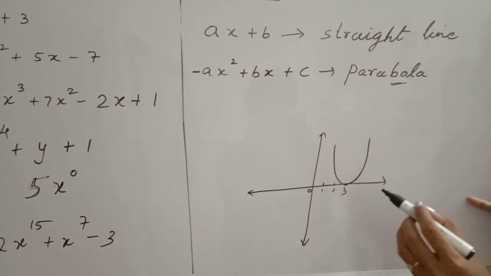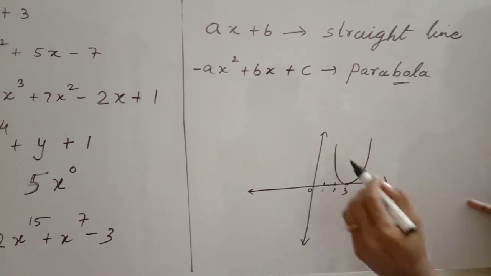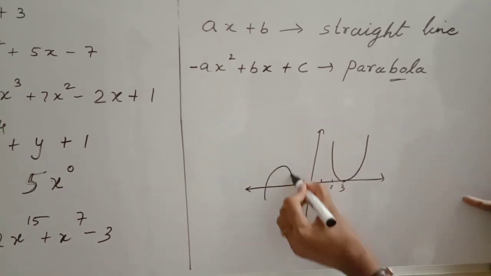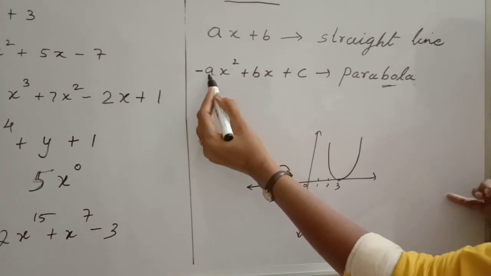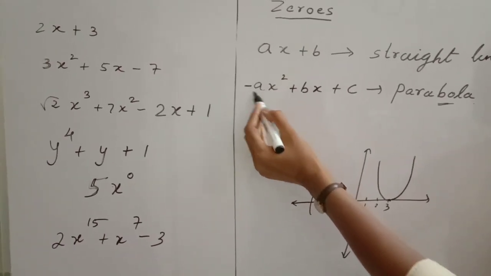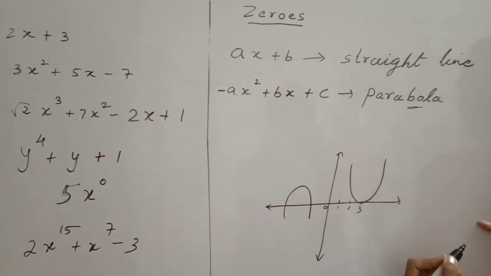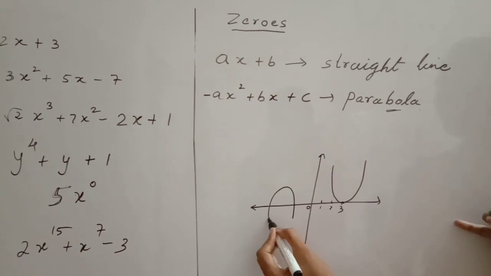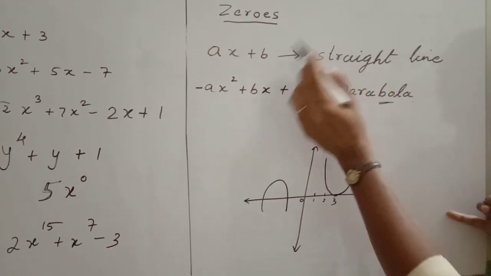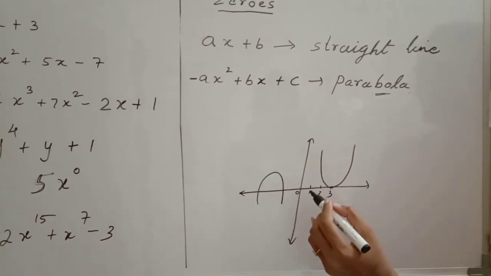And the quadratic polynomial will have maximum 2 zeros. And we get the downward parabola if the coefficient of x square is a negative number. So I think the geometrical representation of linear and quadratic polynomials is clear to you.